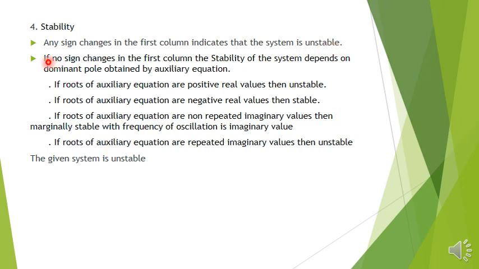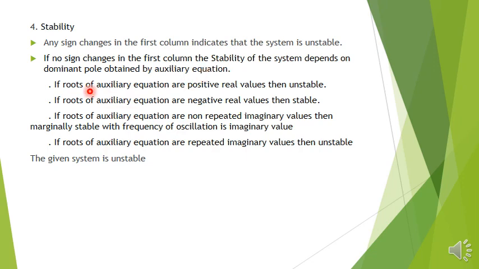There may be a chance that there is no sign change in the first column. Then the stability of the system depends on the dominant poles obtained from the auxiliary equation. So we need to find the solution of the auxiliary equation.